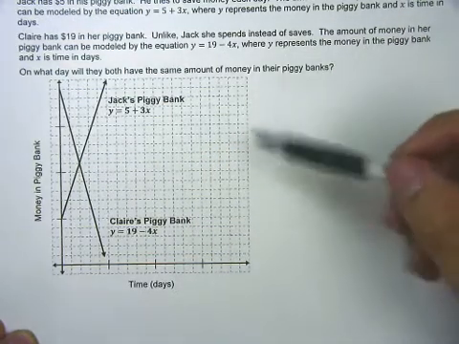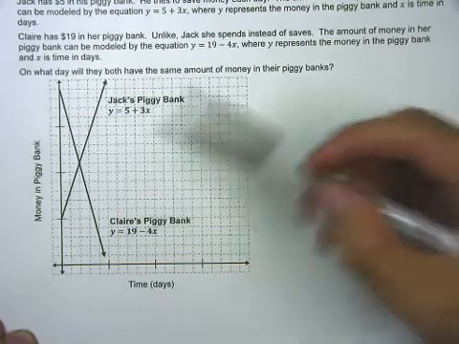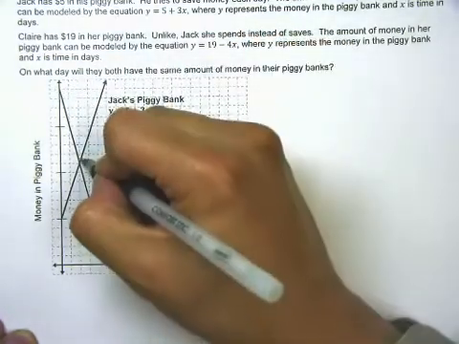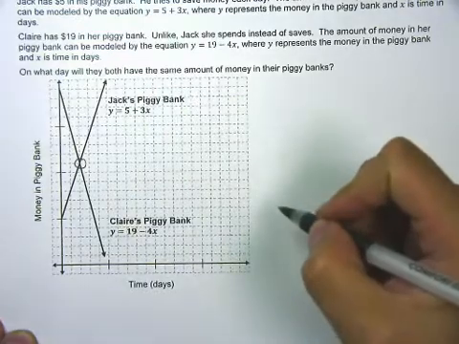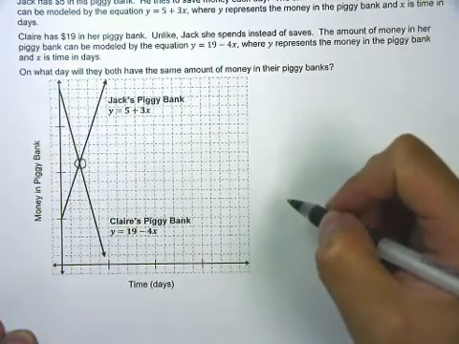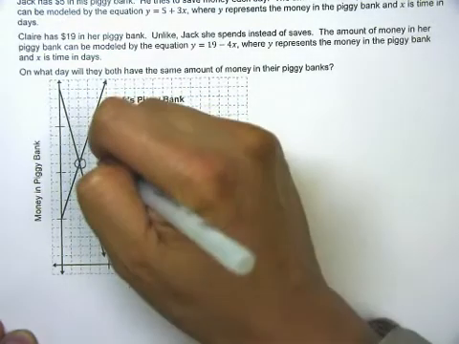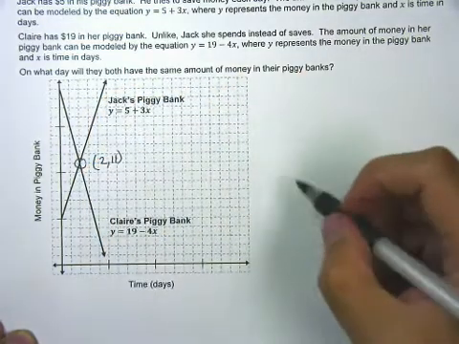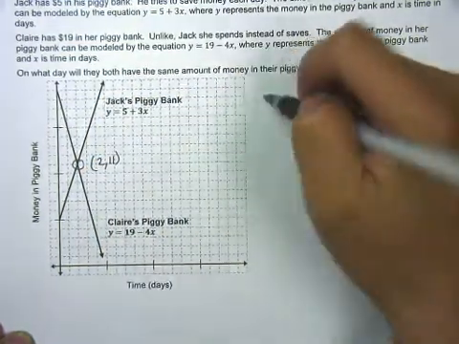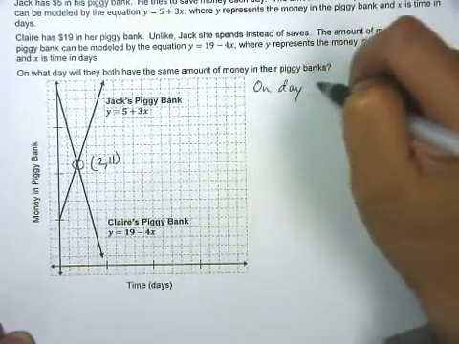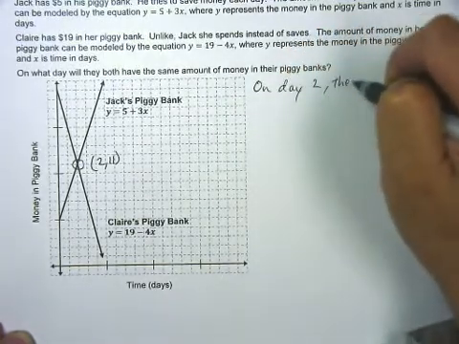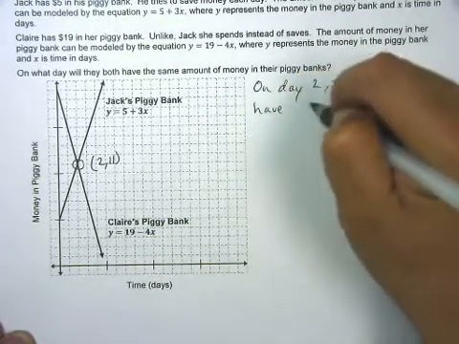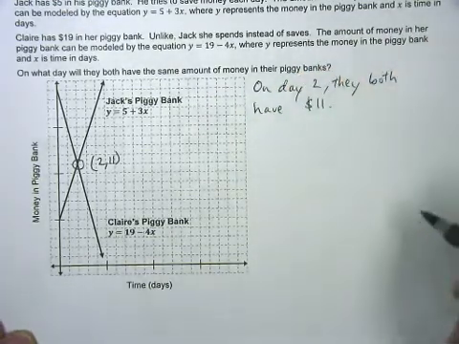You can see really easily from this graph that Claire's money is going down, Jack's money is going up, but at this point, that's the place where they have the same amount of money. That point is 2, 11, right? And what does that mean? That means that on day 2, they both have $11.